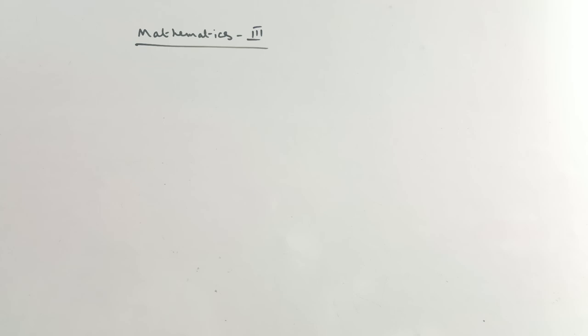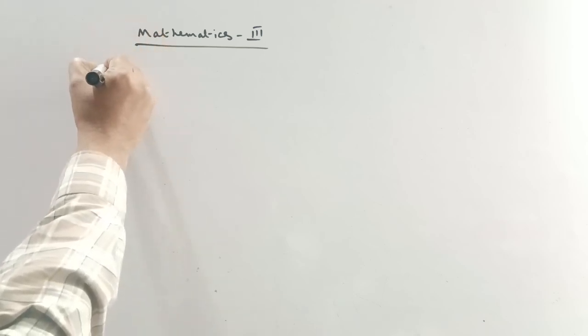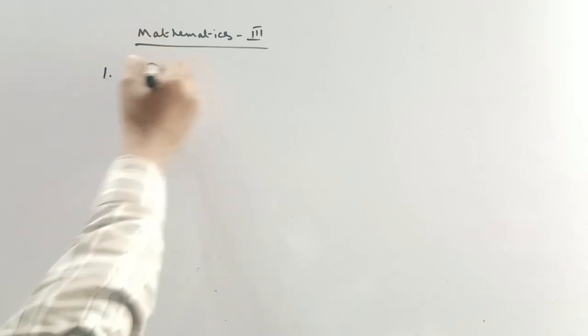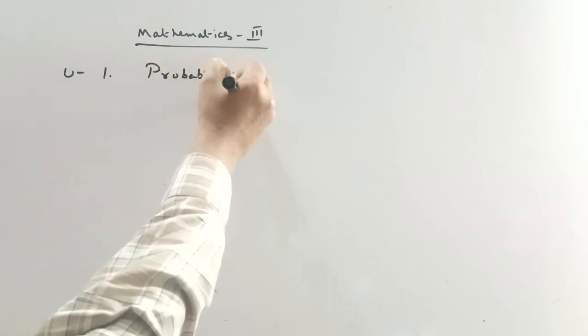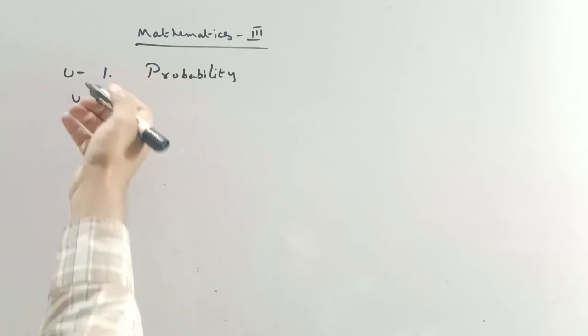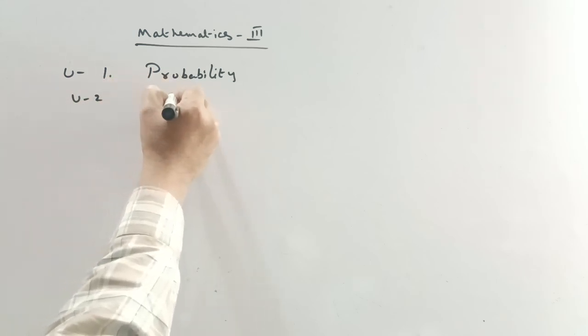Okay, so mathematics 3. What is the first unit? We have probability. Unit 1 is introduction to probability, correct? Then what is unit 2? Unit 2 is discrete probability distributions.